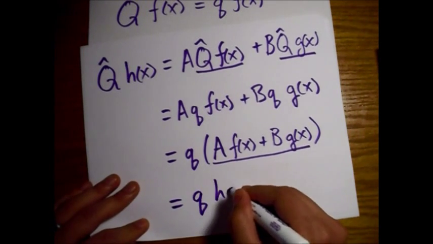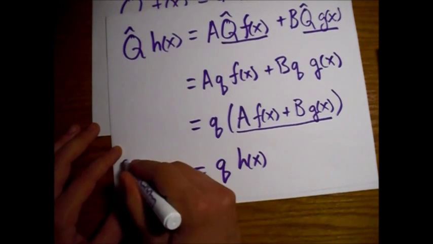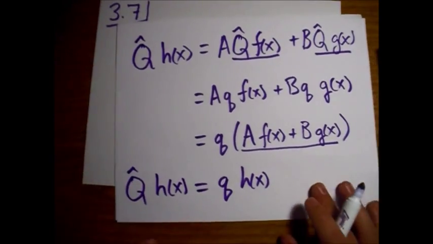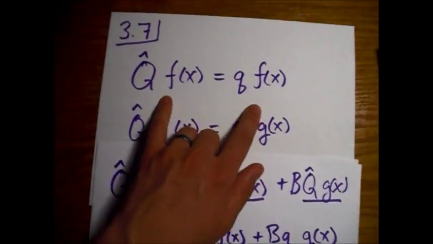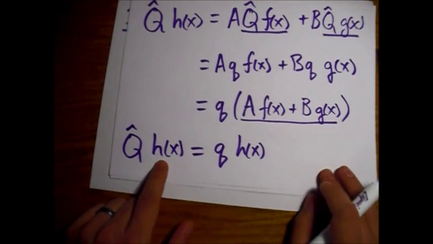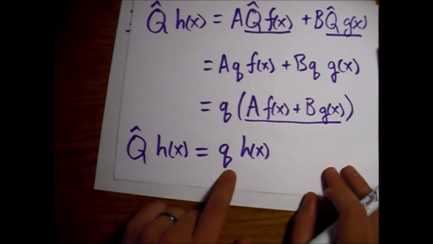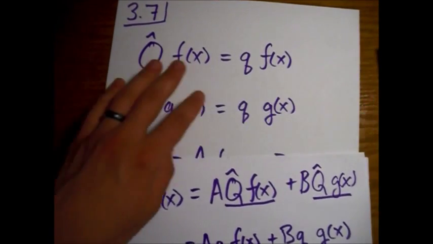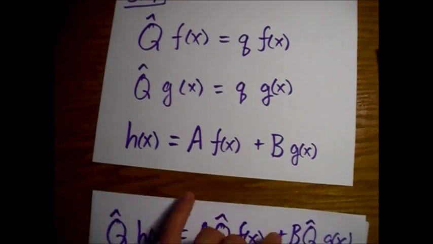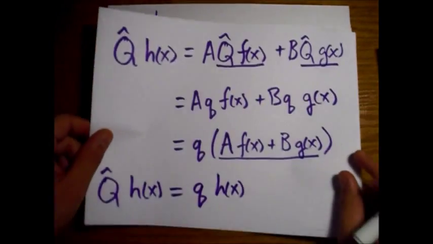So here's our little q, our eigenvalue, and we are back to just an easy equation, just like these other two up here, where we show that h of x is an eigenfunction of this big Q operator with eigenvalue of little q. And that's exactly what we set out to prove, because h is a general linear combination of these other two eigenfunctions.